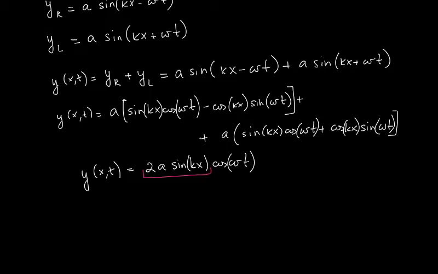If you take a look at this expression, this part that I highlighted with pink is the amplitude, because we know the form of a wave function. So I can call A(x) equals 2A sine kx, and this is called the amplitude function.